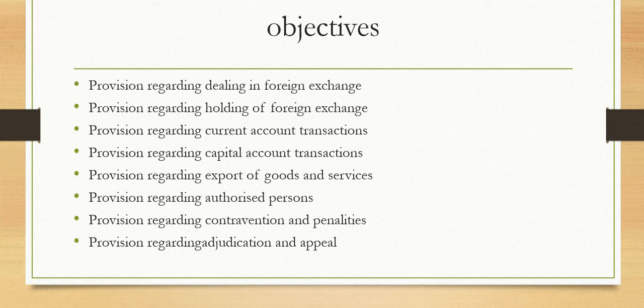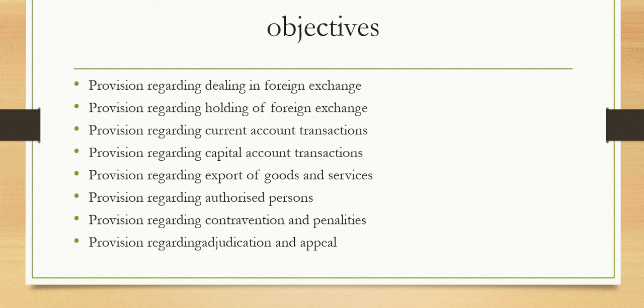Next is provision regarding export of goods and services. According to section 7, it is the duty of the exporter to declare the true and correct details of goods which he has to sell to the market outside India and must send a complete report to the RBI. Next, provision regarding authorized persons.